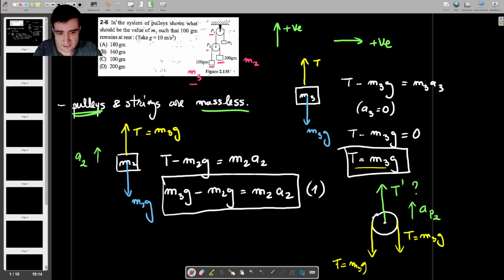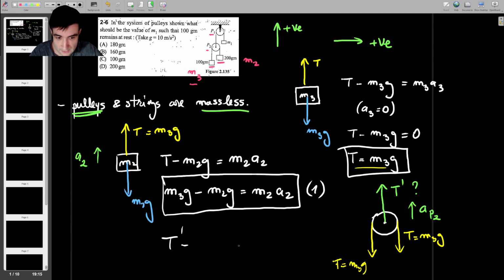But it has an acceleration, so what we can then say is that, well, if we apply Newton's second law to this pulley, we get that T prime minus, so there's 2 M3Gs, is equal to the mass of the pulley times the acceleration of the pulley. But we know this is 0, right? Not because the acceleration is 0, but because the mass is 0.